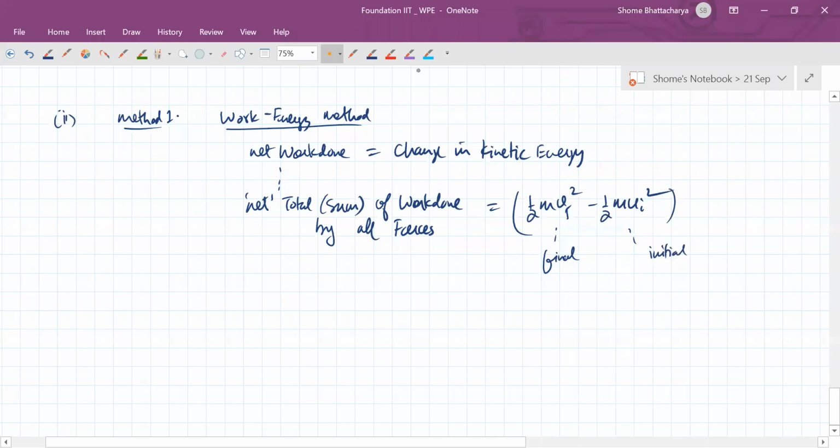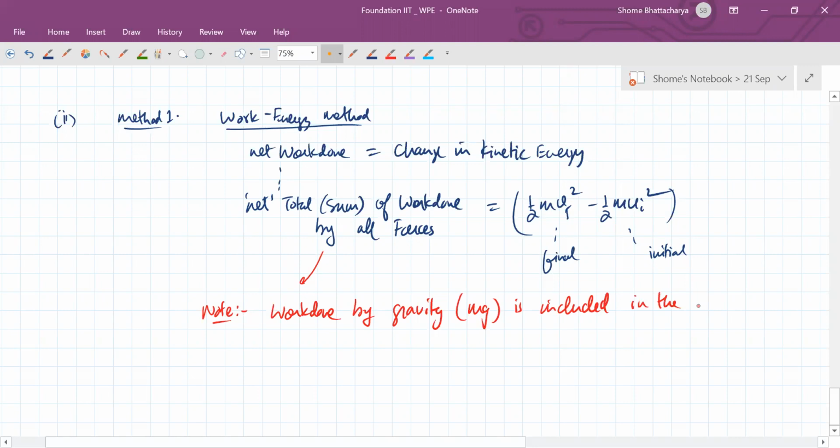So the important thing here is that the work done by gravity, that is the gravitational force mg, is included in the left hand side, that is the work done side.